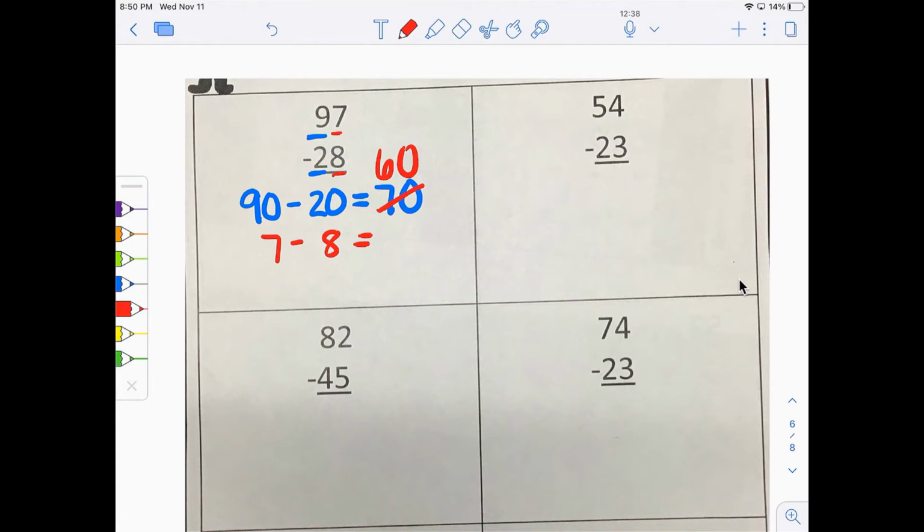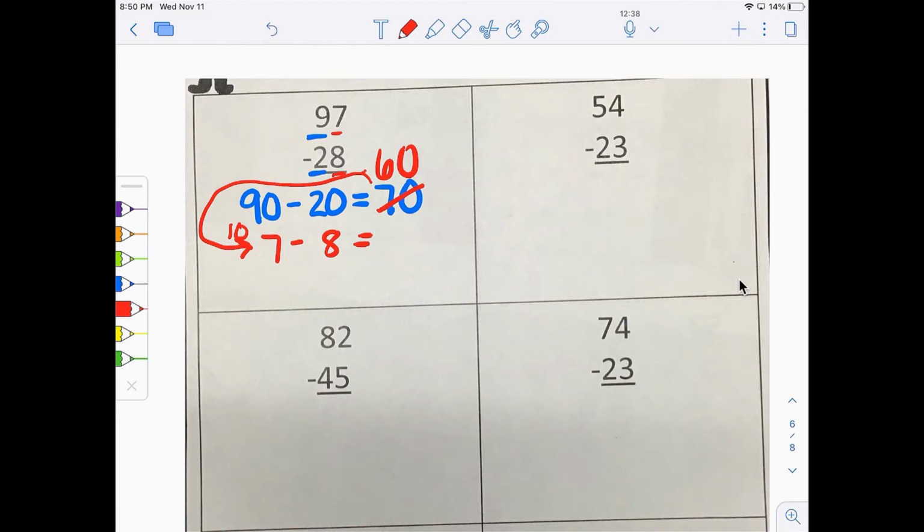Now that 10 that we borrowed, we bring it over here. So if you think about it, it's 10 plus 7. But there's an easier way that we can write it really quickly.